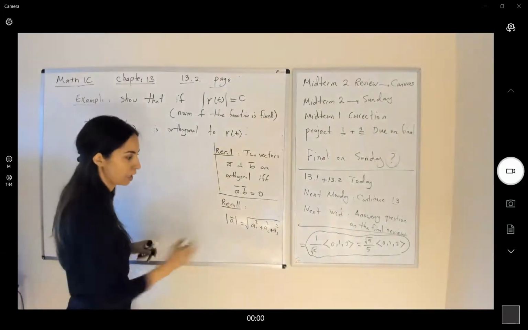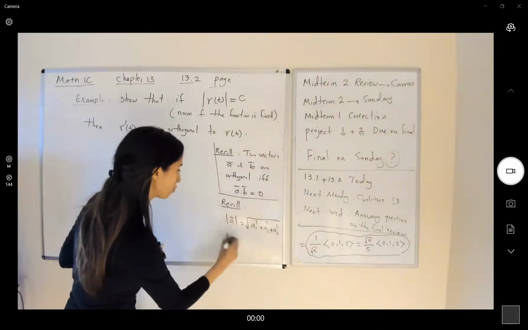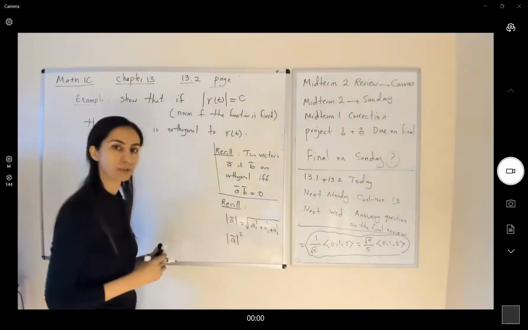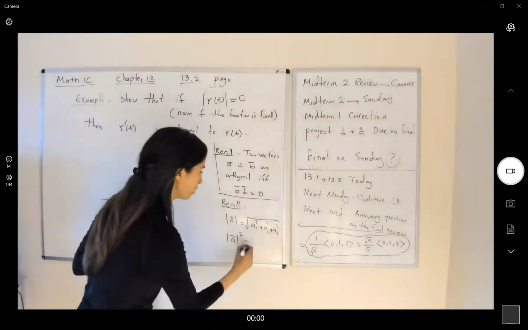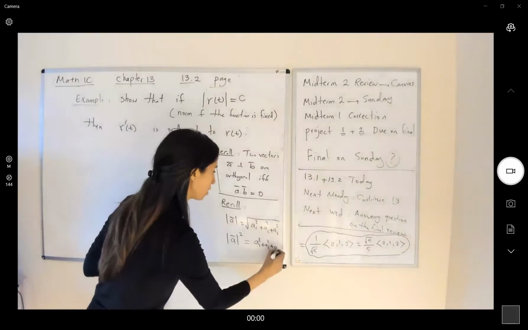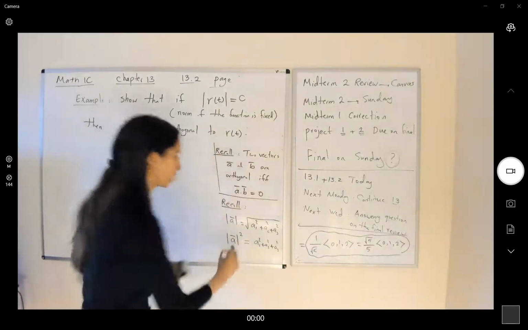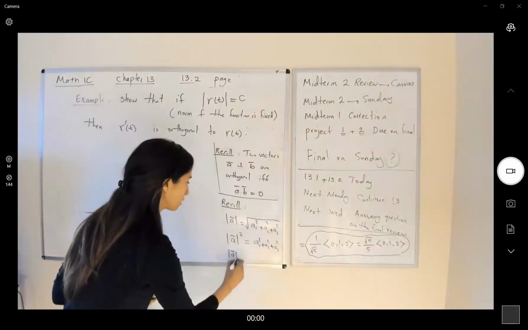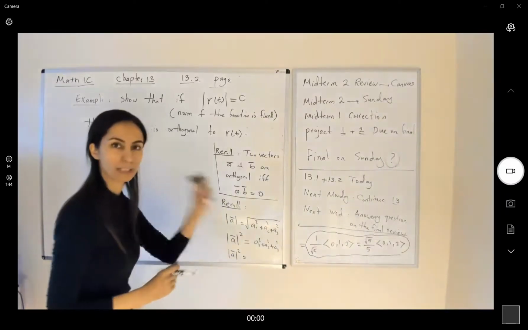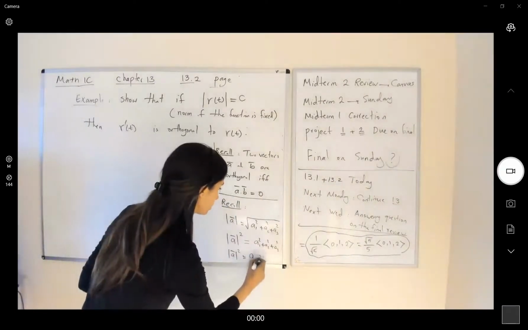So if I square both sides, I get the magnitude or norm of a vector raised to the second power, which is equal to a1 squared plus a2 squared plus a3 squared. What is this? This is a times a. So the magnitude raised to the second power is the dot product between a and itself, A dot A.